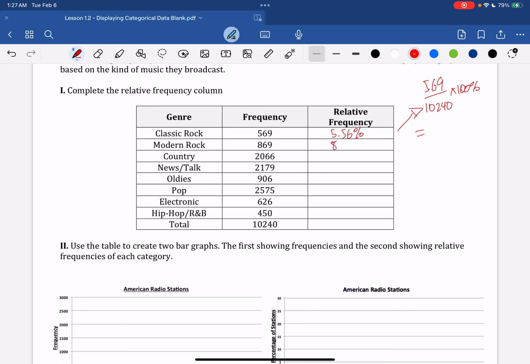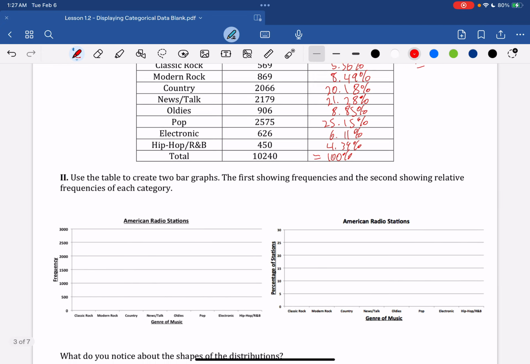Your numbers should be something like 8.49%, 20.18%, 21.28%, 8.85%, 25.15%, 6.11%, and 4.39%. And we total those up, we'll get a relative value of 100% for the frequency table there.